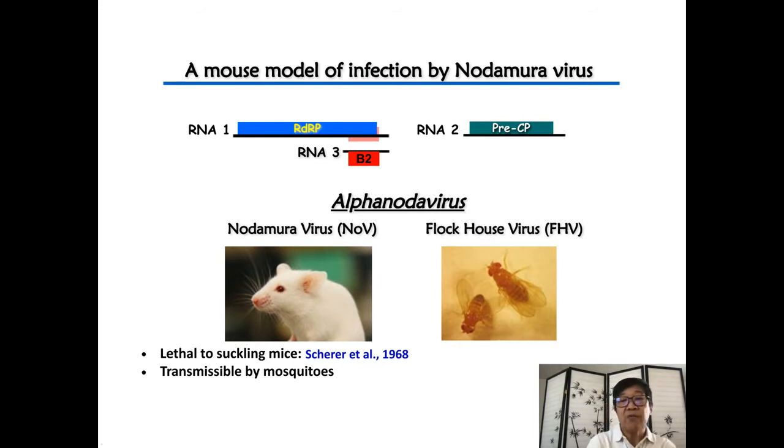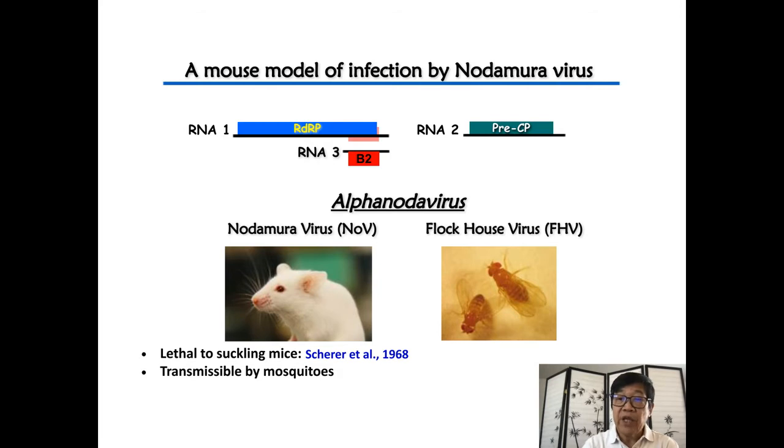And the main reason why we have chosen Nodamura virus as our model is because this virus belongs to the same alphanodavirus genus as the Flock House virus, a virus we have used extensively in our characterization of the fruit fly antiviral RNAi response. So we know a lot about how fly cells respond to the infection by Flock House virus.